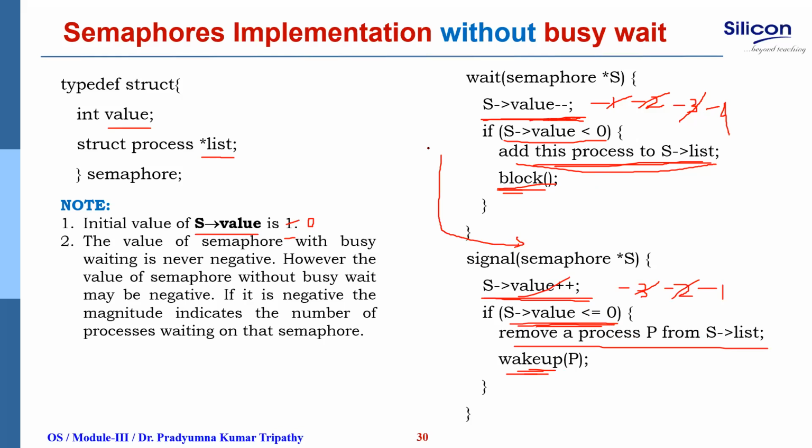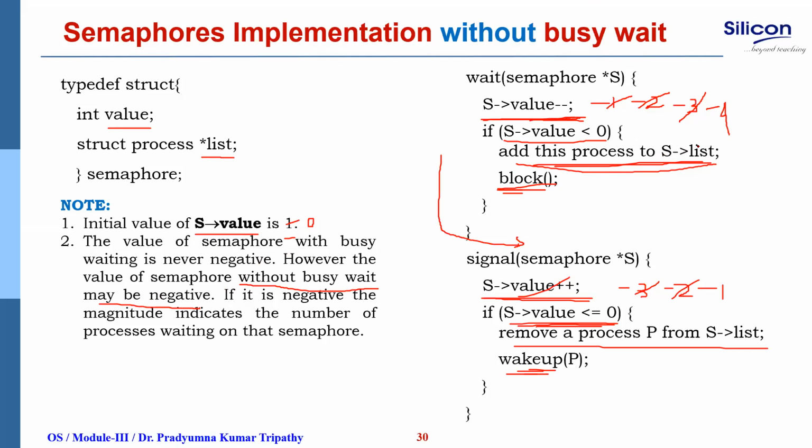So the value of a semaphore with busy waiting is never negative. However, the value of a semaphore without busy waiting may be negative. Here we have seen that the value is negative.